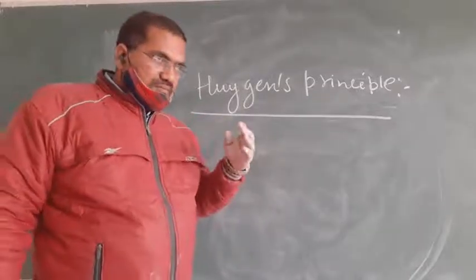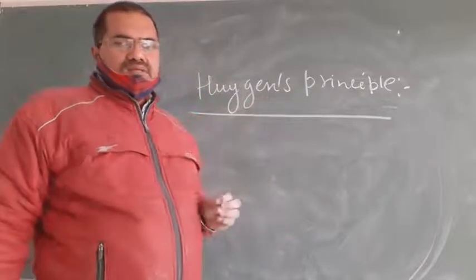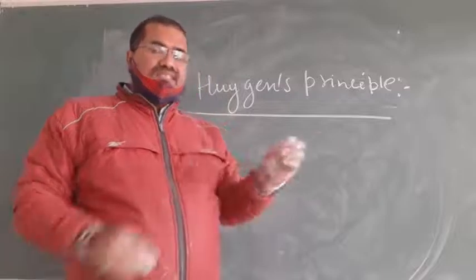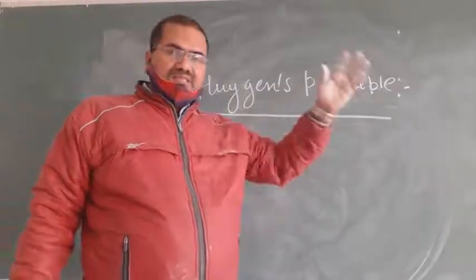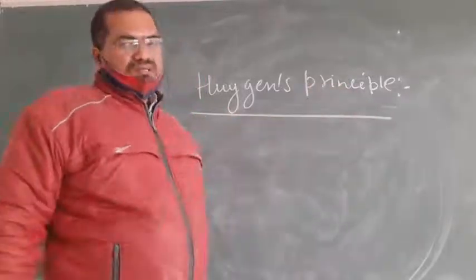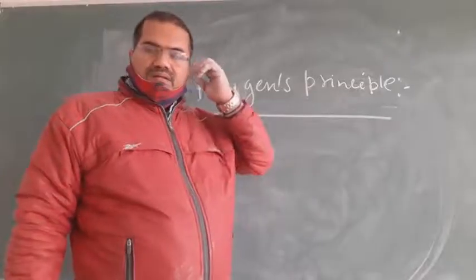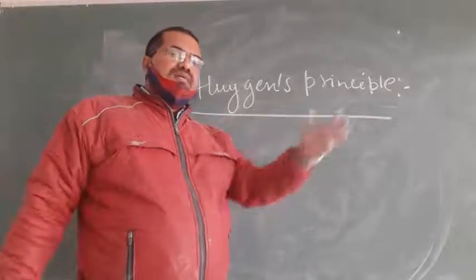The points on the wavefront where these waves strike become new sources of light, and these new sources again emit new wavelets which create a new wavefront, called the secondary wavefront. So Huygens gave this principle that the speed of the primary wavelets is the same as that of the secondary wavelets.